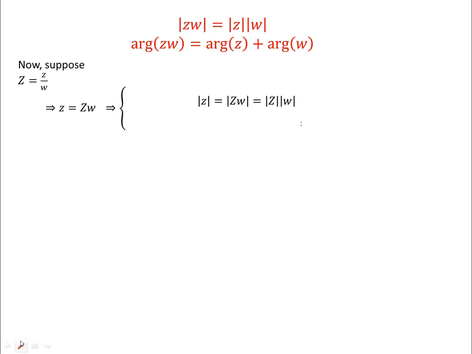So we can say that the modulus of little z must be the same thing as the modulus of big Z times w, and we know that that is the same thing as the modulus of Z times the modulus of w. And that straight away tells me that the modulus of Z is the modulus of little z divided by the modulus of little w.